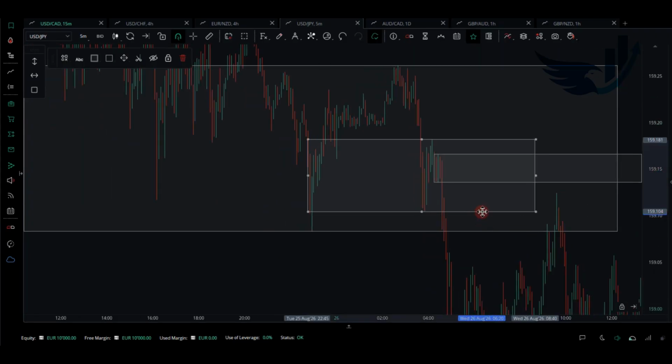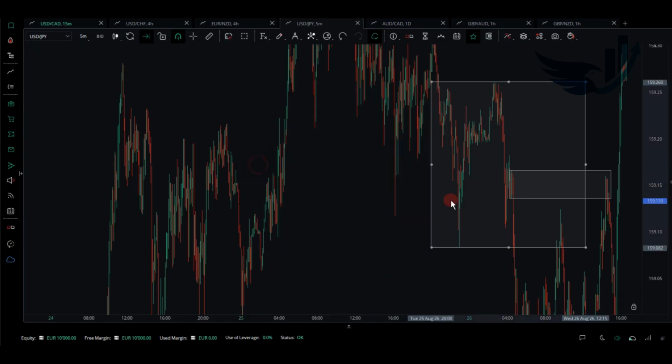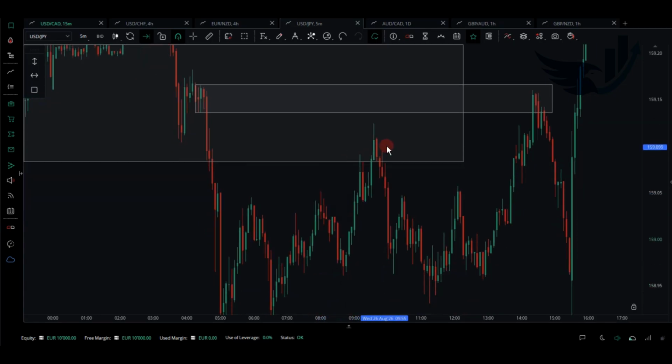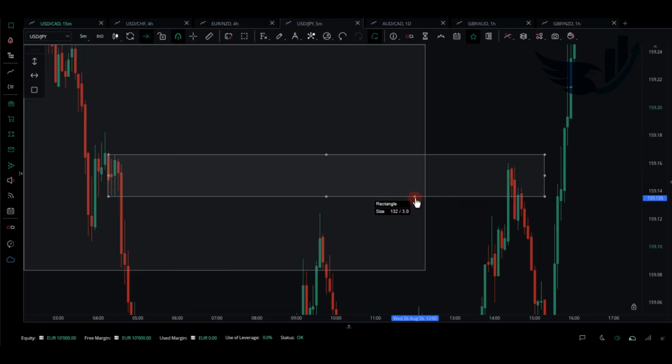And for taking the trade, again, you have to look for a 1-to-4 risk-to-reward ratio as always, as it is a part of our strategy. Your entry point will be just under the box and your stop loss above the box, considering the spread.